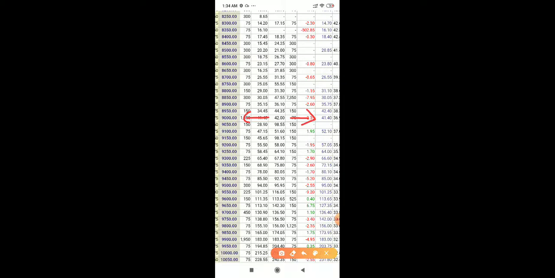It's 41.4 rupees, and we will select 8,500 put for buying. Let's see in Opstra chart.